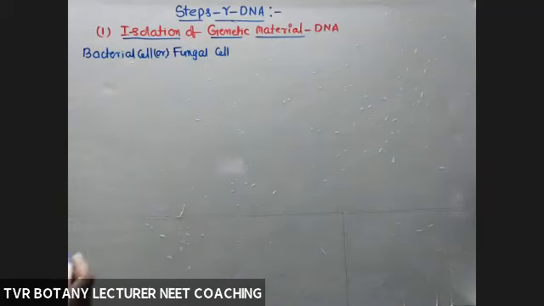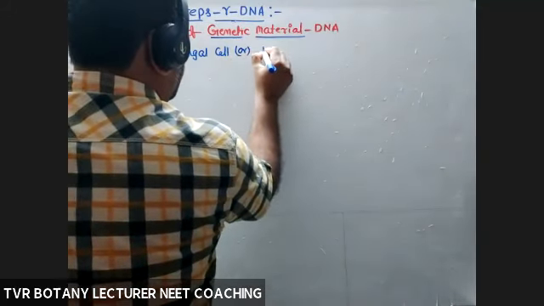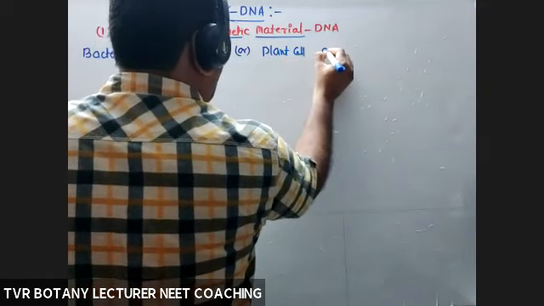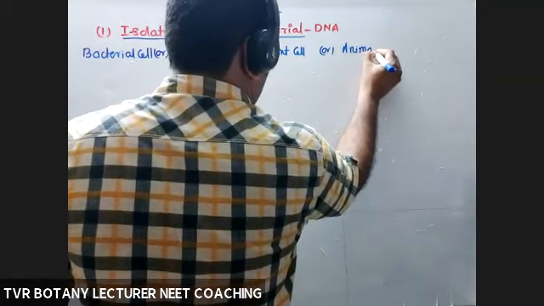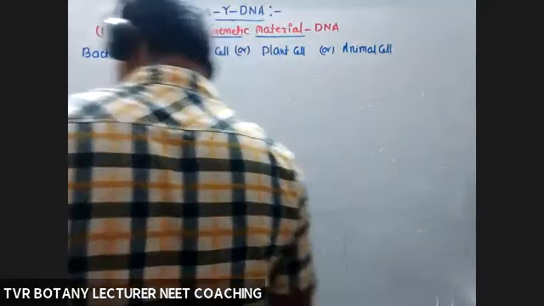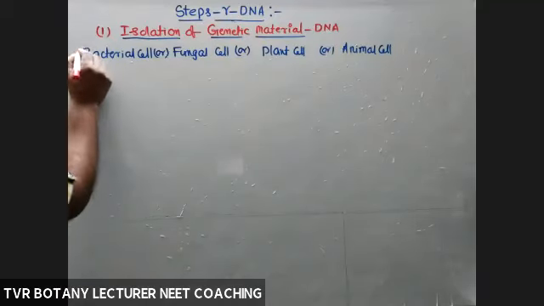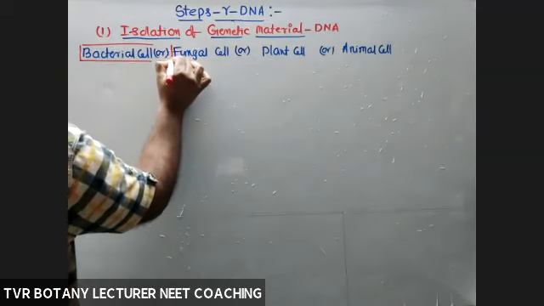That depends on our need. Next, plant cell or animal cell. So like that, we selected a host cell. Here, host cell means the source organism, that may be a bacterial cell or fungal cell or animal cell or a plant cell, any one of them.